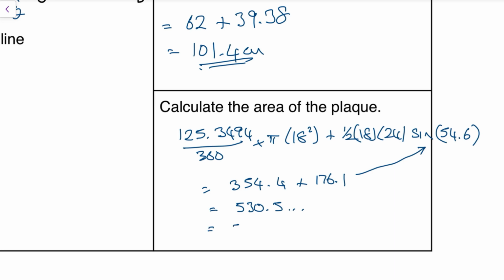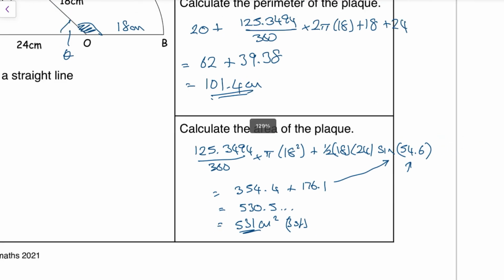So really, just for accuracy, I should say this is the same as, it's actually round up, isn't it, 531 centimeters squared. And I'm going to put 3 sig fig. To be frank, I should really use more decimal places there. So I suspect if I did, I'd get a number that's slightly larger because sine of a bigger number. But either way, 531 is my rounded to 3 sig fig answer.